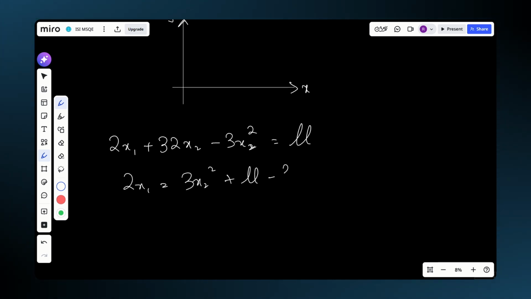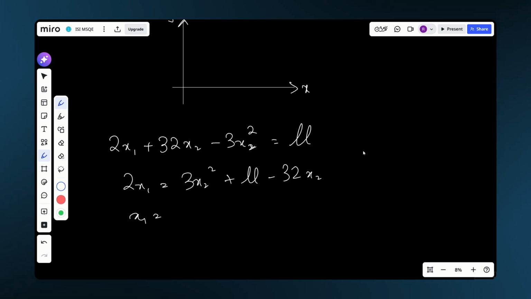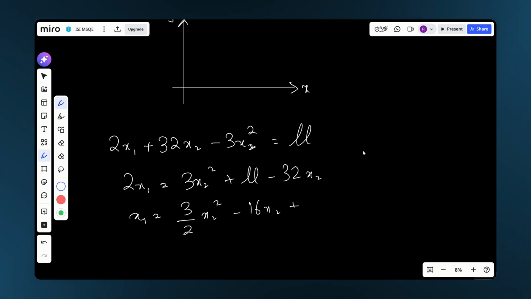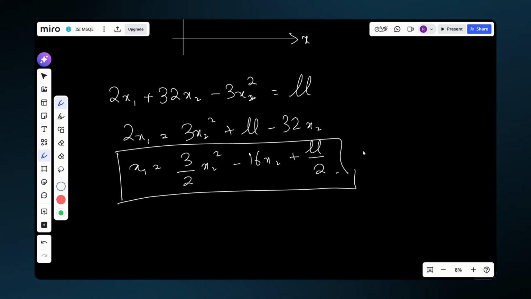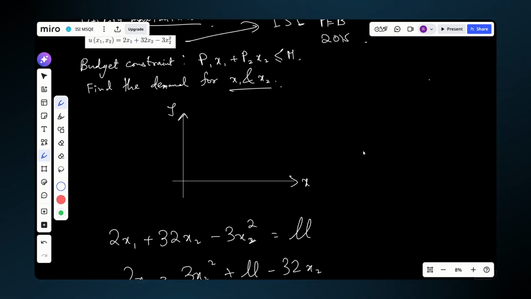So we have been given this, right? x1 is equal to 3 by 2 x2 squared minus 16 x2 plus mu by 2. This is nothing but a parabola that looks somewhat like this.